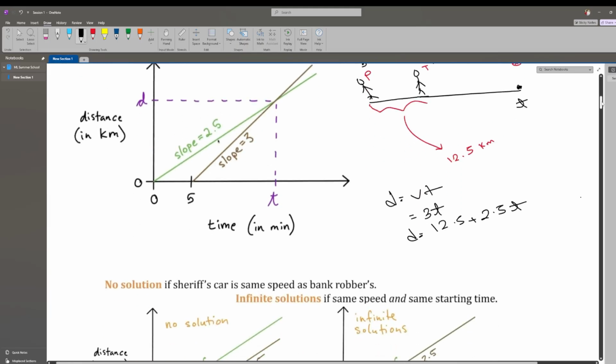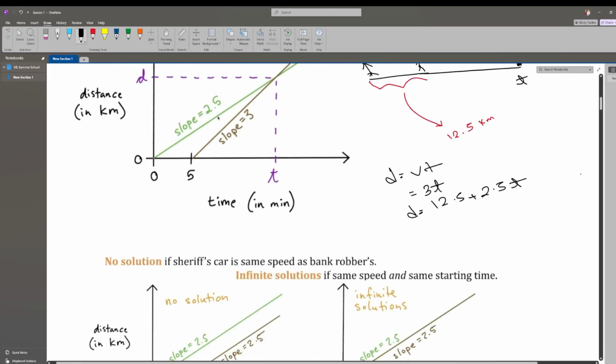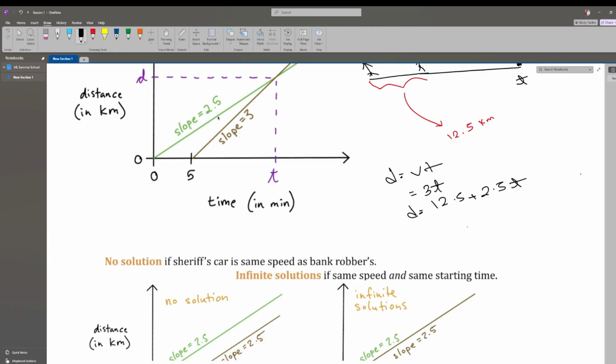Now if we solve these equations, you can see both have the same distance at a certain point, so we can call it 3t equal 2.5t plus 12.5, and from here we can easily eliminate 2.5t from both sides.